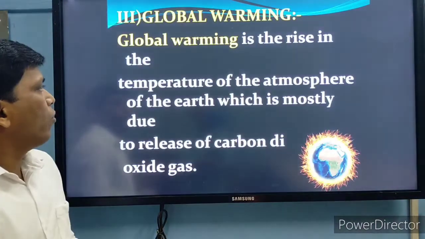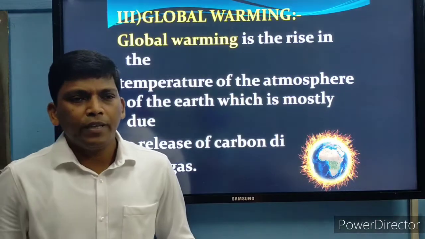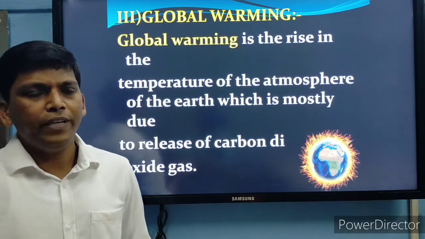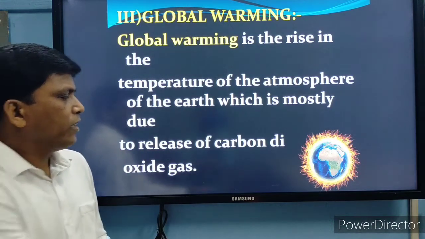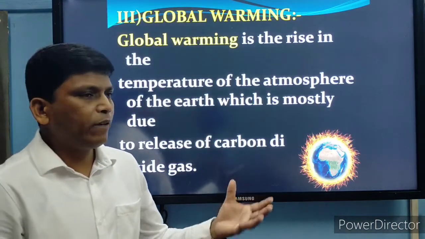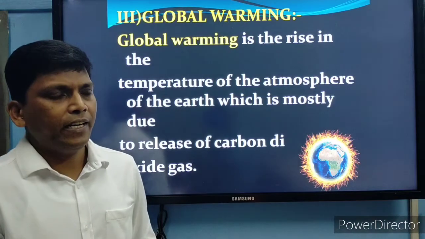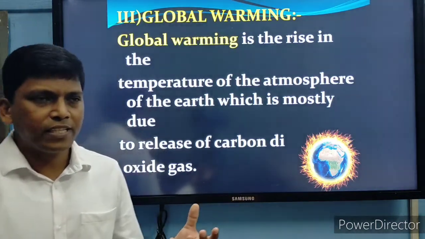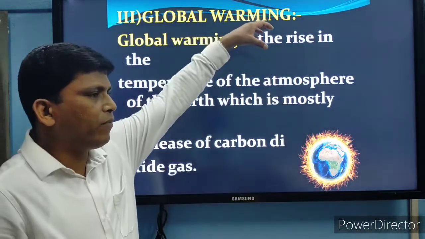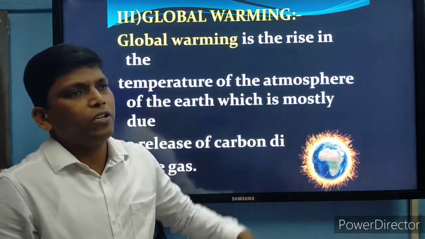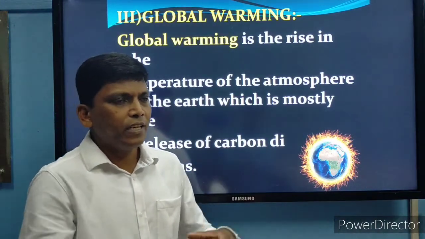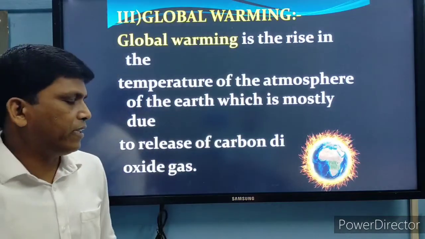Next is global warming. What is global warming? Global warming is the rise in the temperature of the earth. How does it take place? Let us understand. Suppose this is our earth. Around the earth, atmosphere is present, and in the atmosphere some gases like carbon dioxide and other gases are present. They are called greenhouse gases, and these gases are somehow useful for us because when sunlight comes to the earth, the greenhouse gases trap a certain amount of heat energy so that the temperature of the earth is maintained.